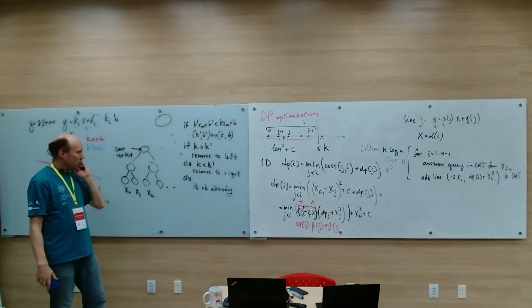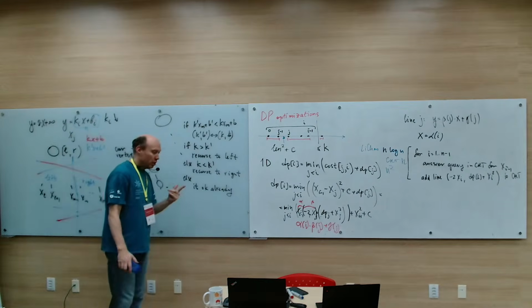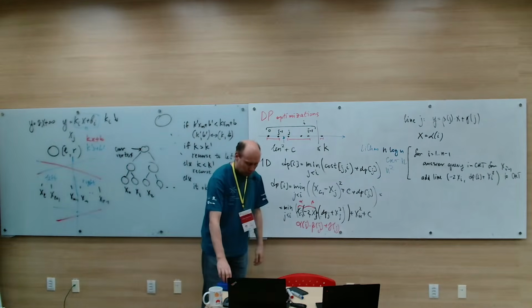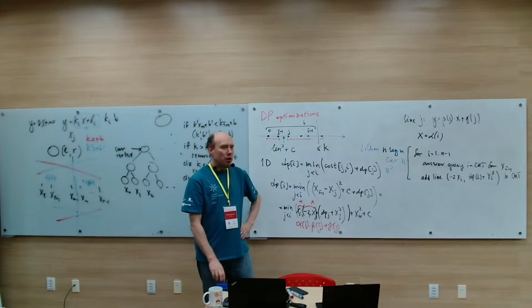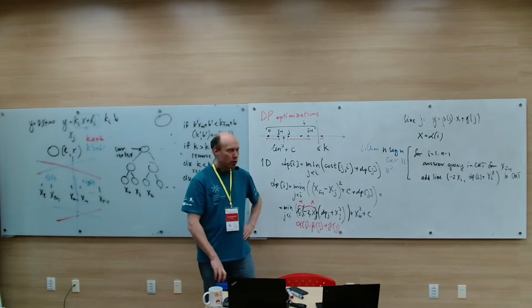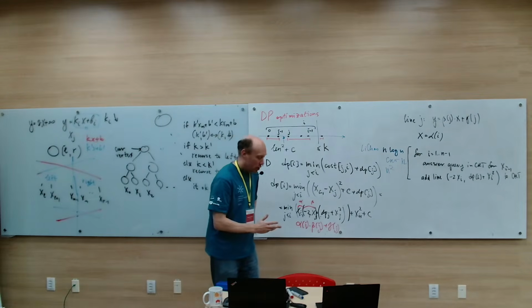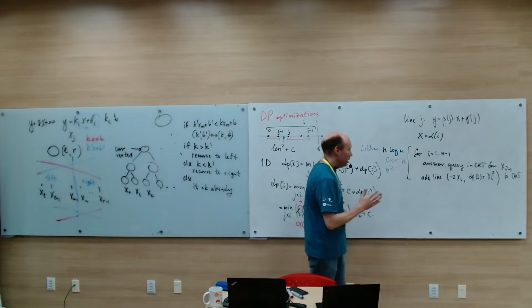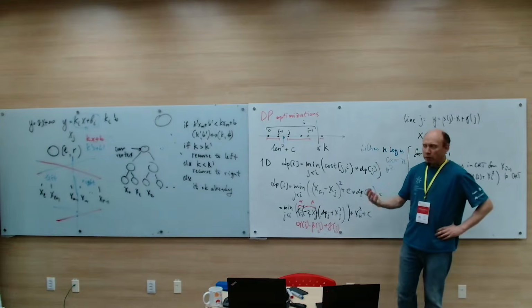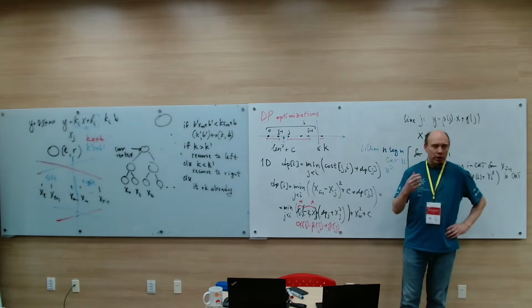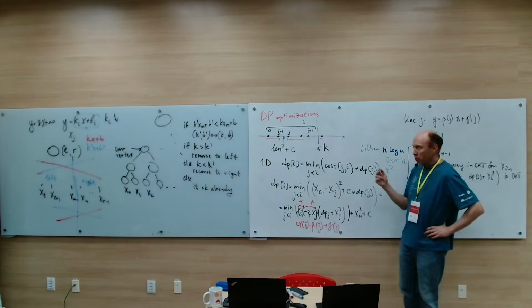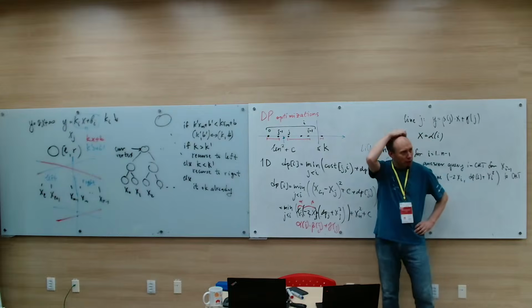So, first of all, in the break, we had a small discussion with some of you, and it doesn't really easily work for CHT, the idea of offline, because of the amortization with the stack pushes and pops.